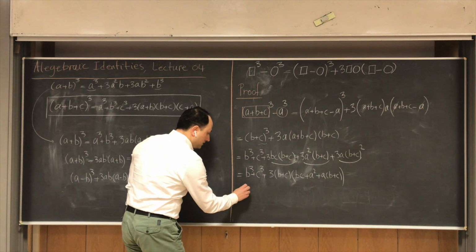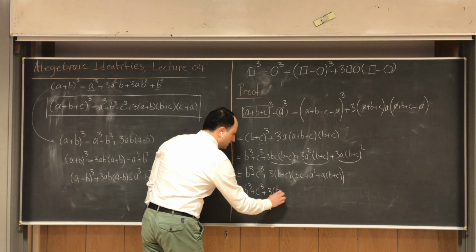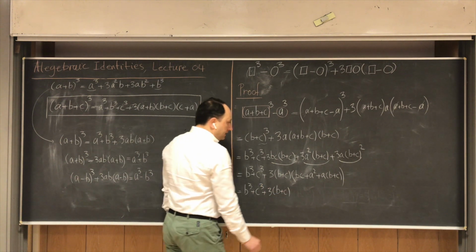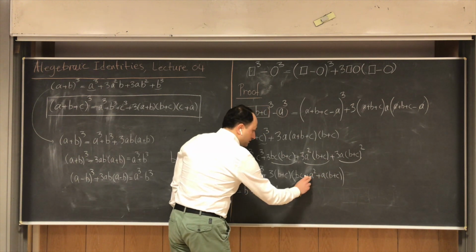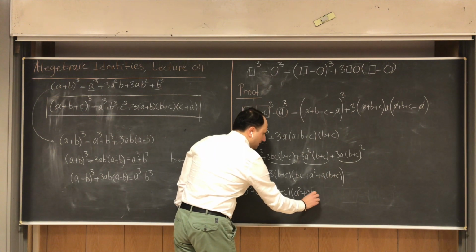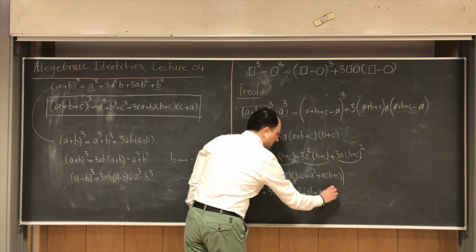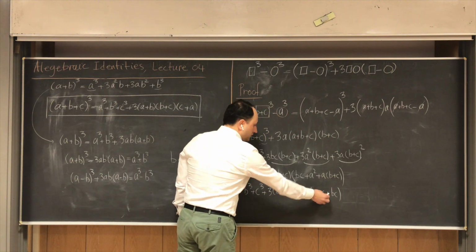And then what can I do? I can continue a bit. It's b to the 3 plus c to the 3 plus 3(b plus c). And I can multiply this inside, so it becomes, let me write a squared first, then ab plus ac plus bc. I multiplied this inside, and then I wrote this bc there.